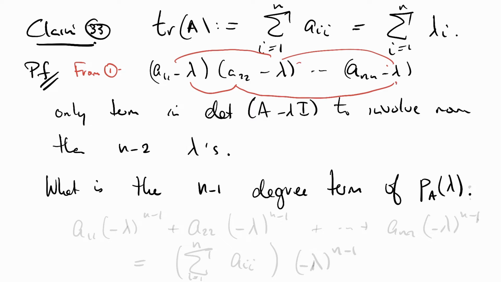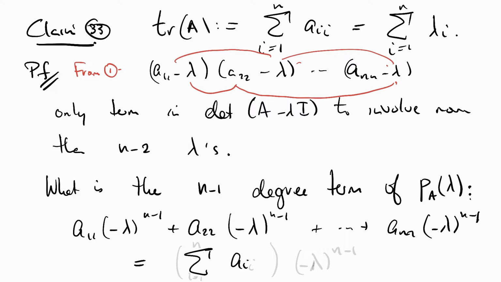In this way, the n minus 1 term is (A11 plus A22 plus ... plus Ann) times negative lambda to the n minus 1. This is the sum of A_ii, i ranges from 1 to n, multiplied by negative lambda to the n minus 1. That's the n minus first term as gotten from 1.